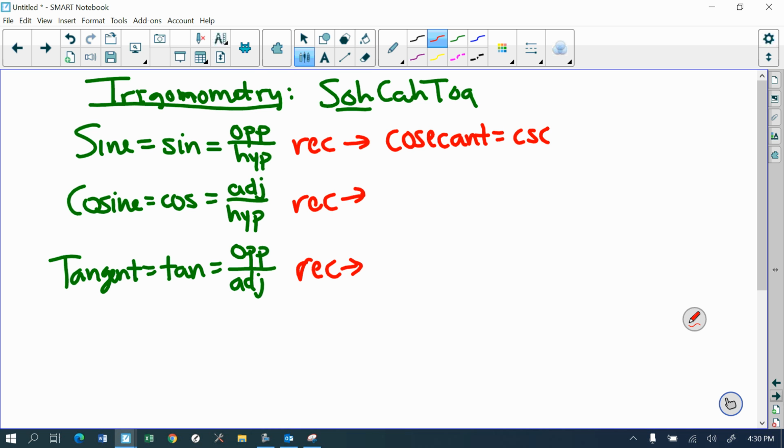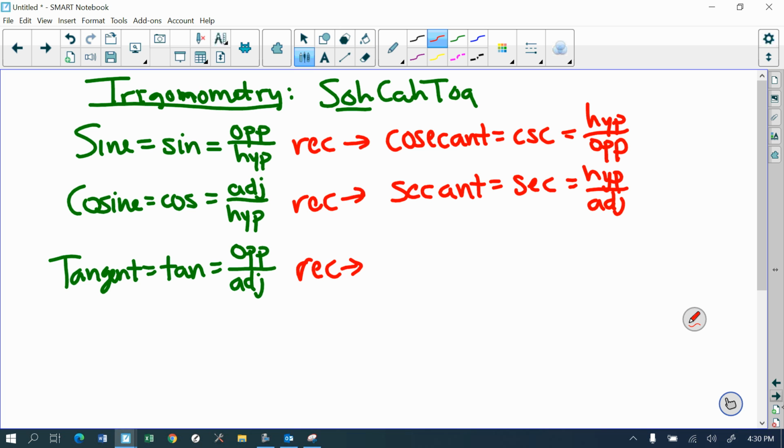That's the three letters it uses, which you can't get off your calculator, CSC. And that's going to be the hypotenuse over the opposite. The reciprocal of cosine is secant, and those three letters are SEC. Reciprocal would be hypotenuse over adjacent. And the reciprocal of tangent is cotangent.